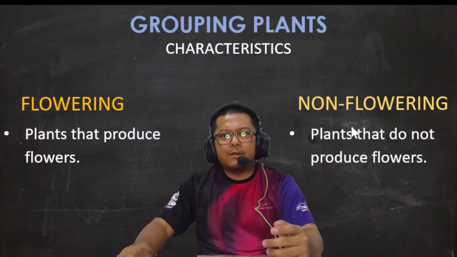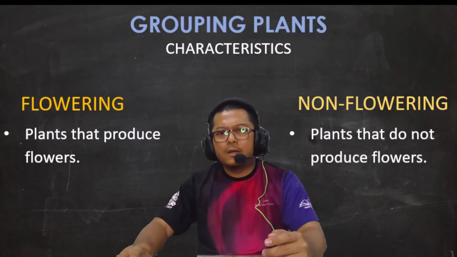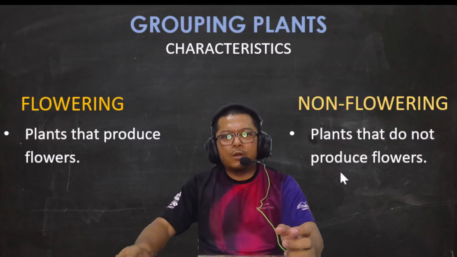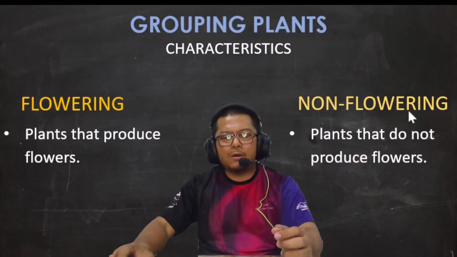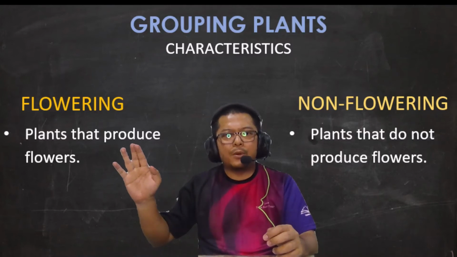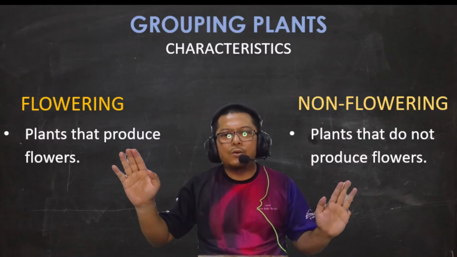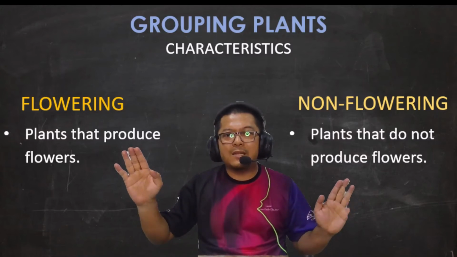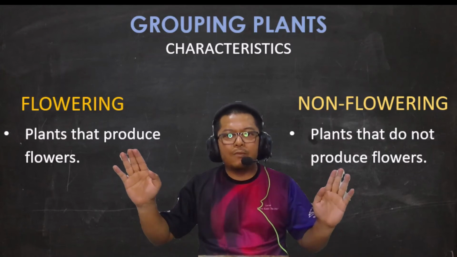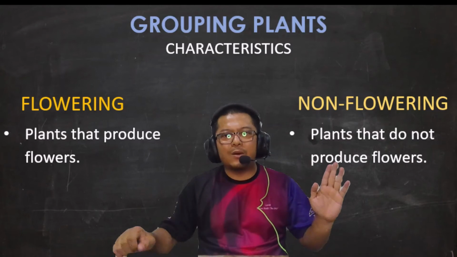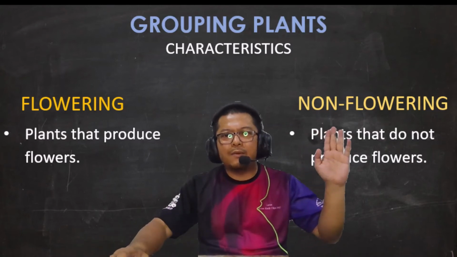If they do not produce flowers, it is called non-flowering plant. So remember, flowering, produce flowers or have flowers. Non-flowering, do not produce flowers. Never, none, no flowers at all. So you call that non-flowering.